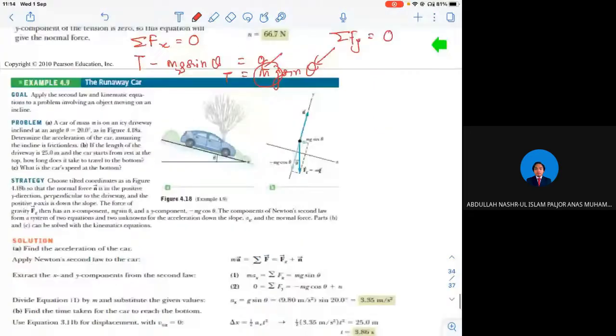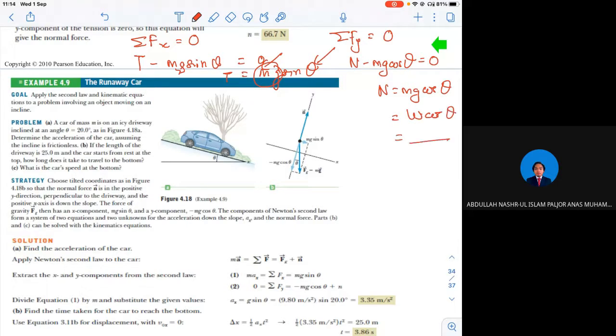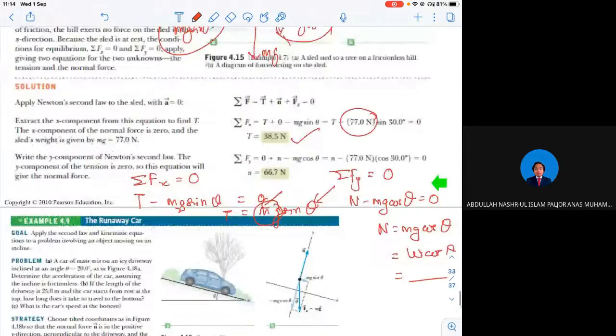So N minus mg cos theta equals 0, N equals mg cos theta, W cos theta. In the end, we get the value 66.7 Newton. So that's how to calculate using an inclined situation.